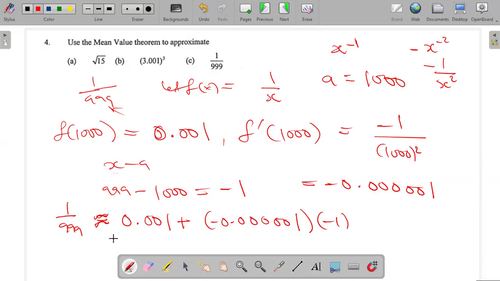So this becomes positive, and you're just adding the two. So that gives you 0.0010001. So that's what you get to be your answer. And of course, that is really a good approximation. All right, so that's how you find that.